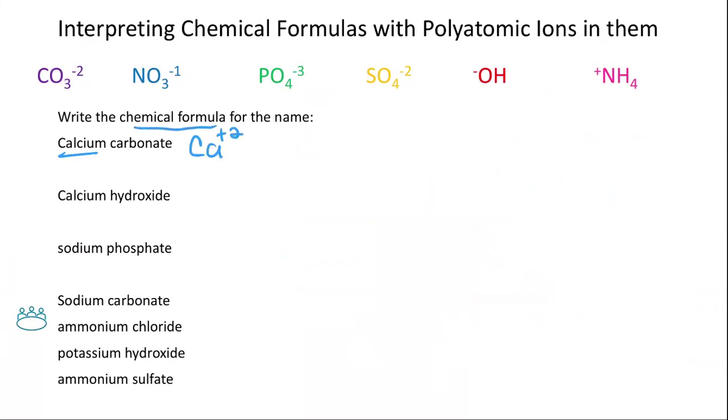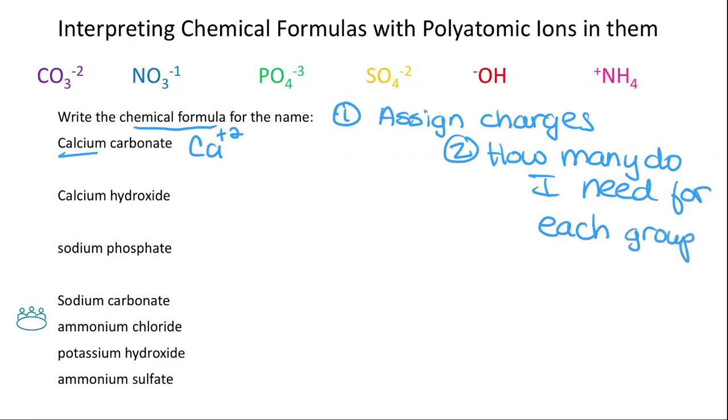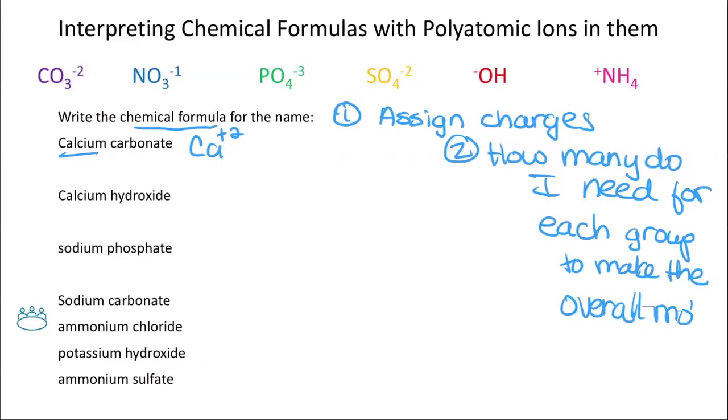If I have to go from the name to the chemical formula, 1, assign charges. 2, how many do I need of each group, including polyatomic ions, to make the overall molecule neutral.